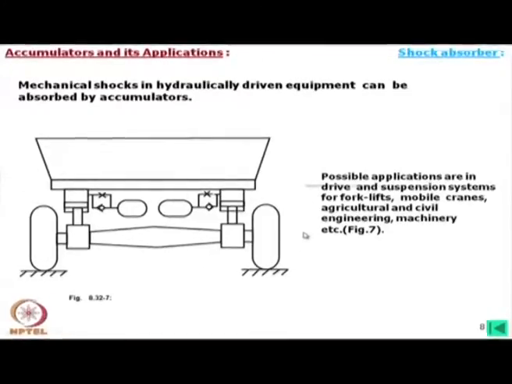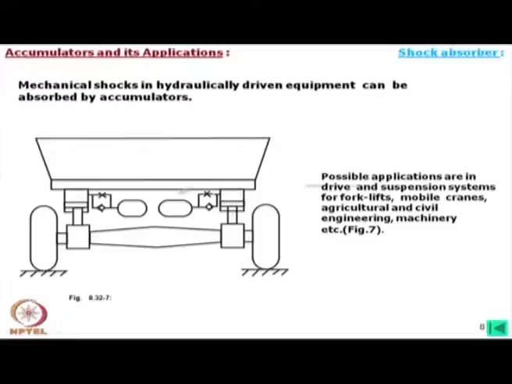is some sort of carriage, or this may be two wheels of some earth moving equipment. In that case, what we find is that this axle is on a damper, and in the damper another accumulator is fitted. But look into this, there is no pump, the oil is stored.